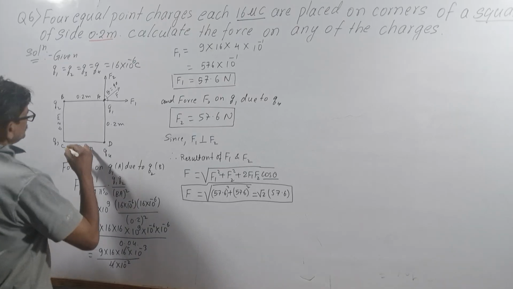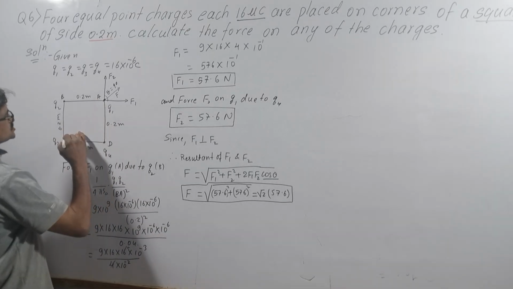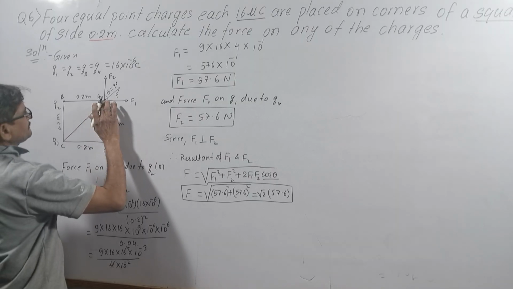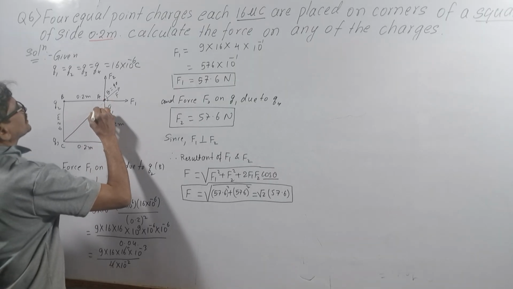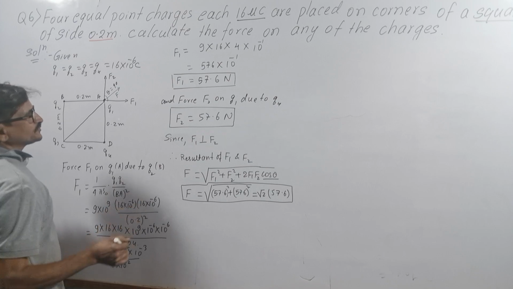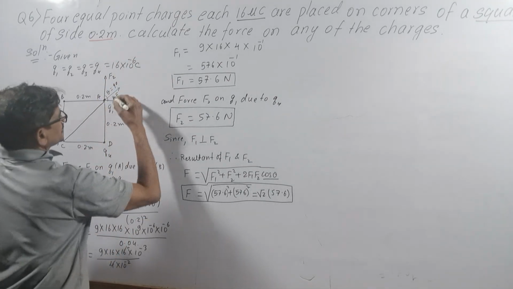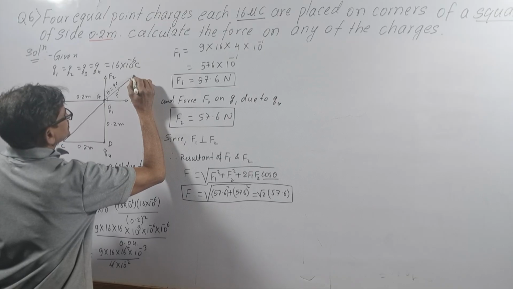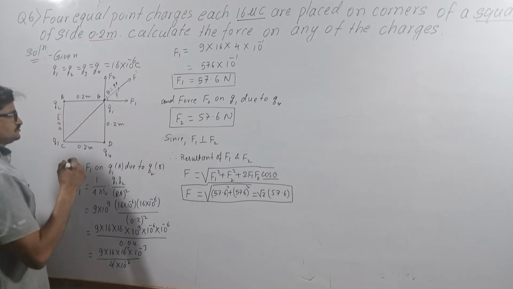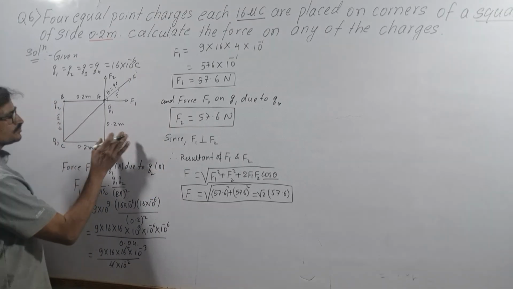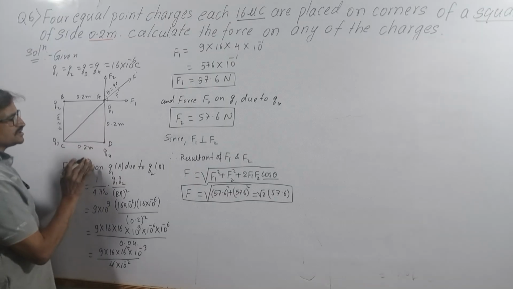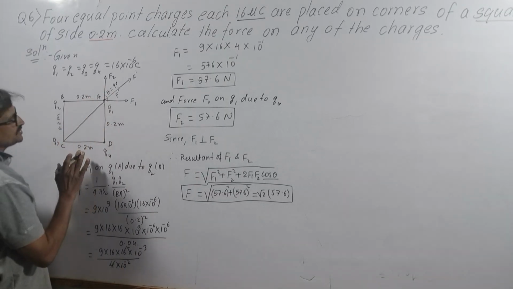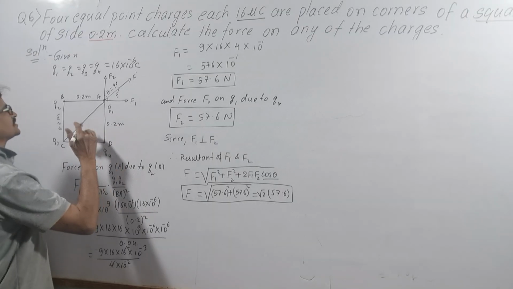Now the force on A due to C is also along the same direction. Okay, along the same direction of what? This is F. Therefore its magnitude further increases. That I am taking here as F dash. And here by applying the right angle triangle formula, that is Pythagoras, this hypotenuse will be the square of this one plus the square of this one.